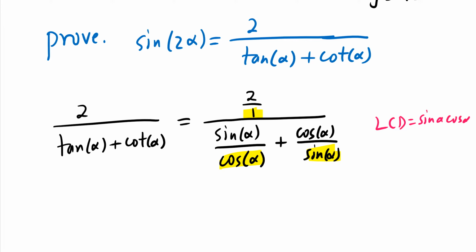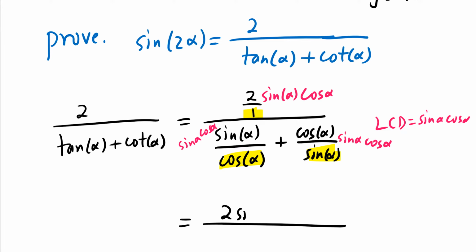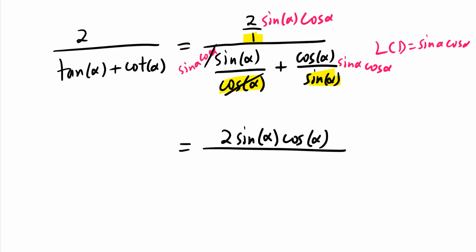So we're going to multiply the top of each fraction by sine alpha cosine alpha. Notice what cancels out here. The top, nothing cancels out. 2 sine alpha cosine alpha. Cosine cancels. That will leave sine squared alpha. And this cancels. That leaves cosine squared alpha.